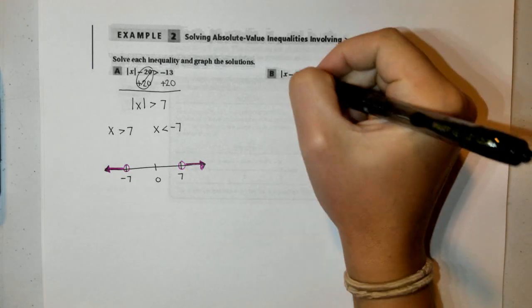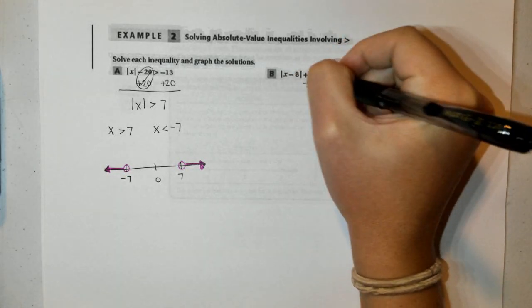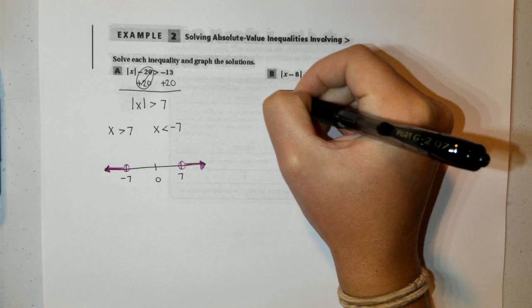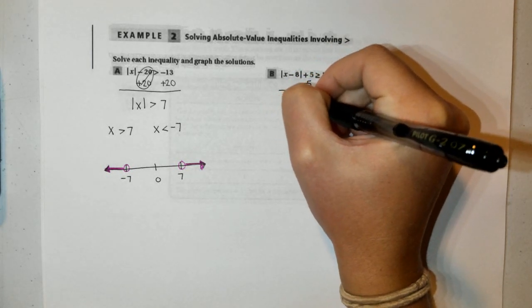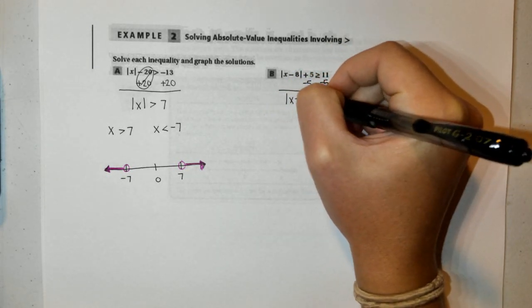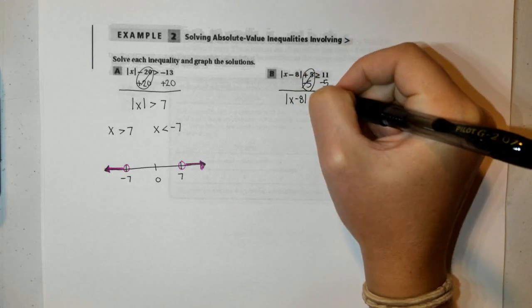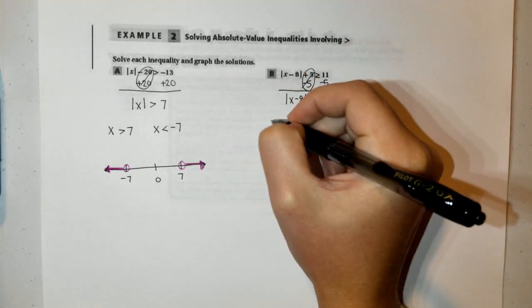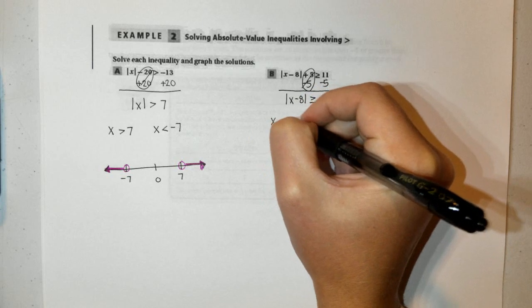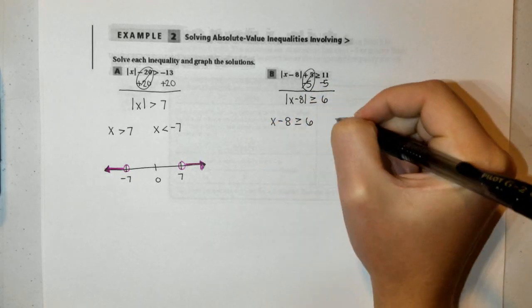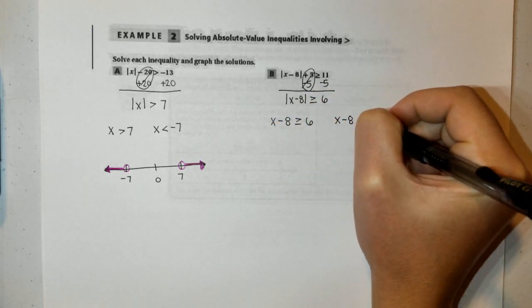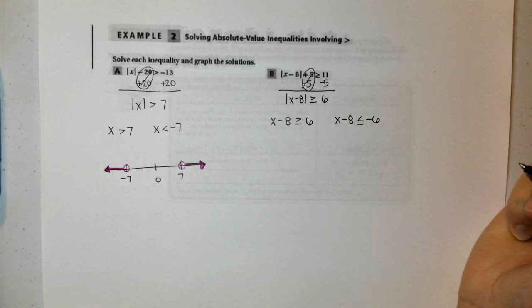For B, we have to subtract 5 from both sides first. So I have the absolute value of x minus 8 is greater than or equal to 6. So now I have my two cases. X minus 8 is greater than or equal to 6. And then x minus 8 is less than or equal to negative 6.